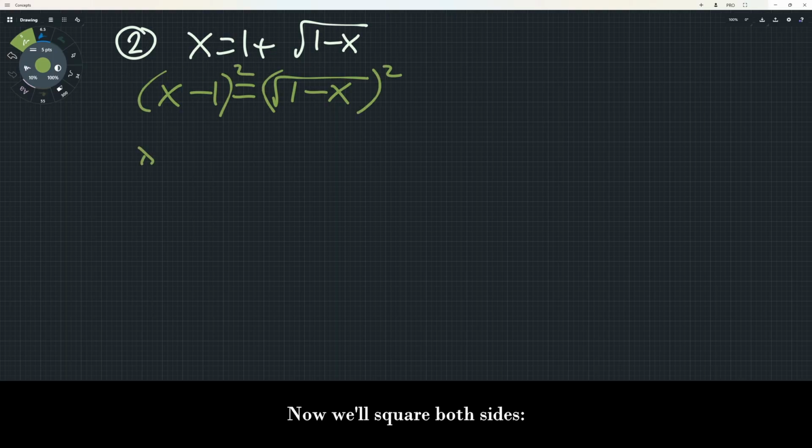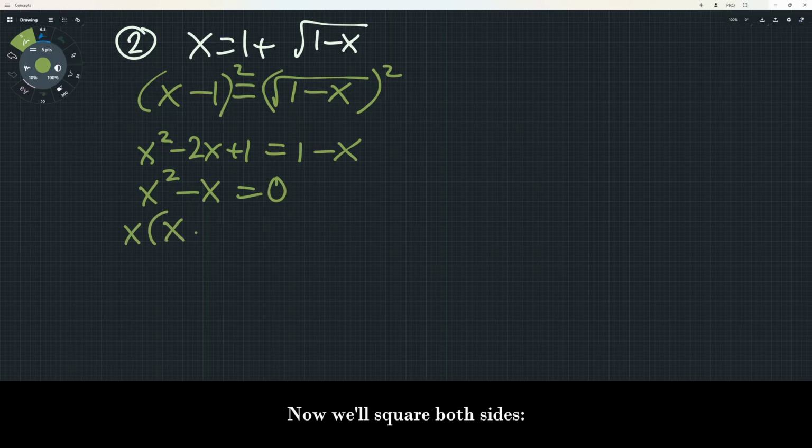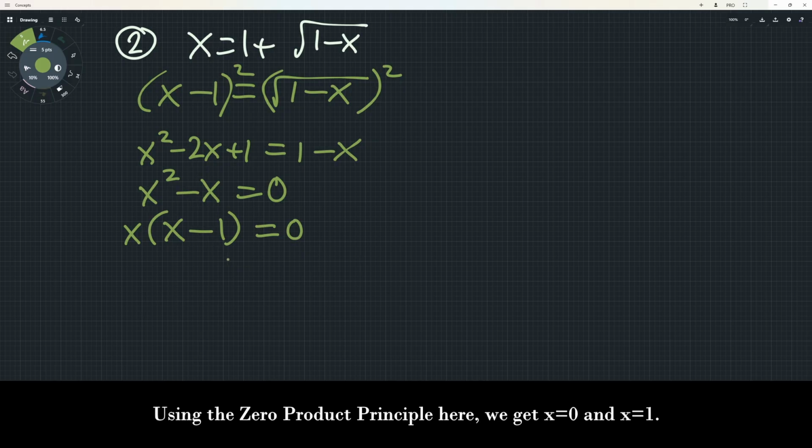This gives us x squared minus 2x plus 1 equals 1 minus x. Simplifying, we get x squared minus x equals 0. We then factor out one of these x's, leaving us with x times x minus 1 equals 0. Using the zero product principle here, we get x equals 0 and x equals 1.